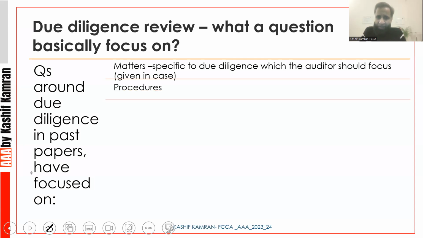A couple of times that has been the case in past papers. Procedures: I think once the examining team asked for procedures in the prior history of due diligence. Additional information: the examining team asked to recommend the additional information, so you should have an idea of how to go about writing additional information.